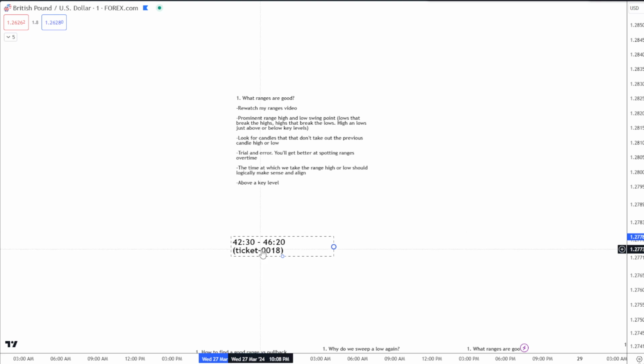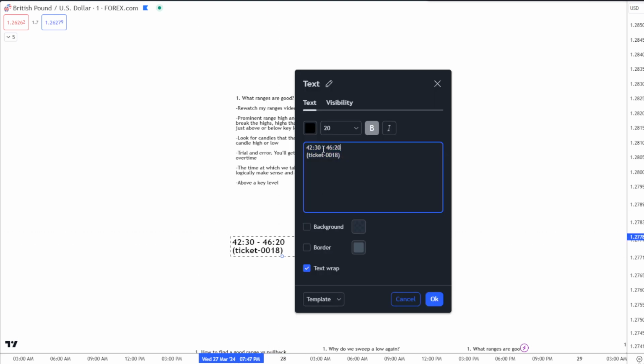Okay, next ticket. 46.20 to whatever time, and then ticket 20.